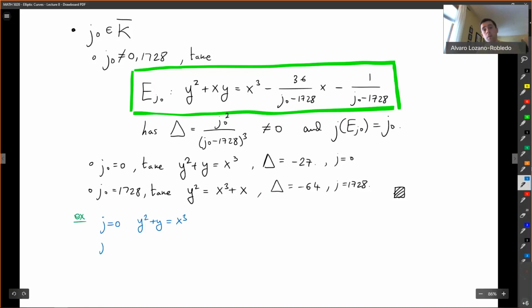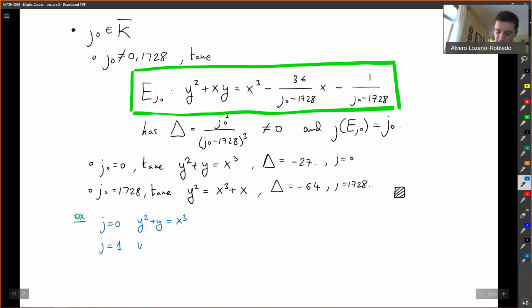You can go one by one. How about j equals 1? If you put j equals 1, you're going to have denominators, but then I can do my changes of variables to clear the denominators and then reduce the coefficients. So you can play your game of the change of variables we've learned to simplify models.